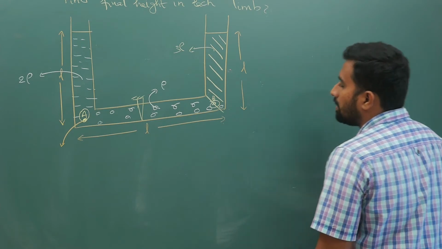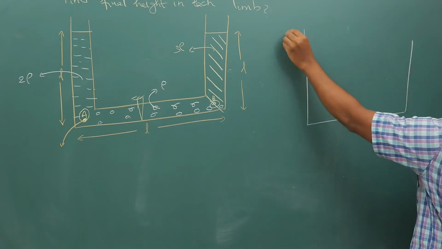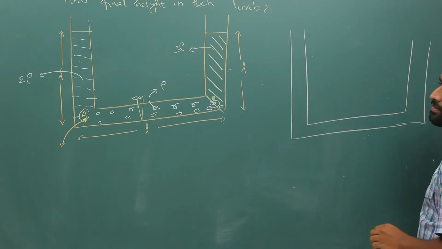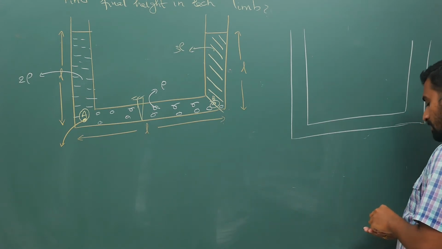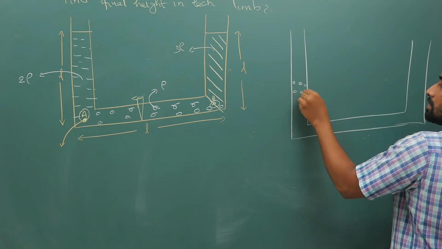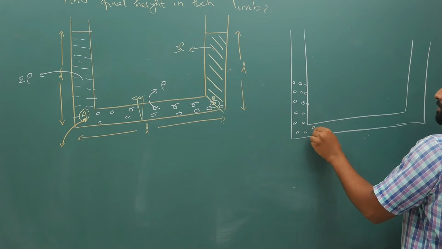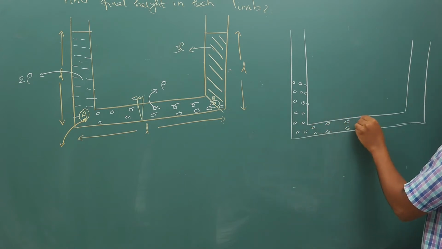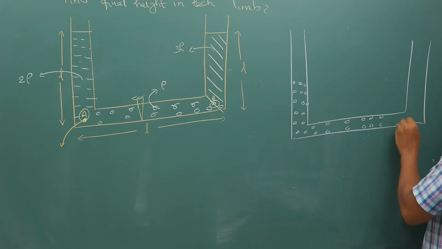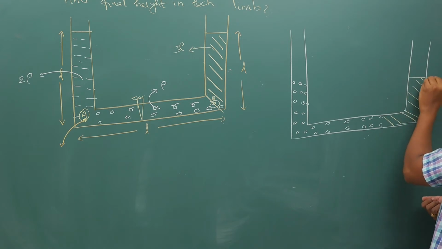Now finally your figure is going to become like this. Don't just bluntly give the answer. Now what happens is some portion of liquid of density 2 rho will enter into this limb, and some portion of this yellow liquid will come this way.